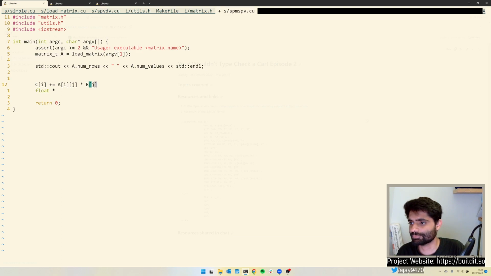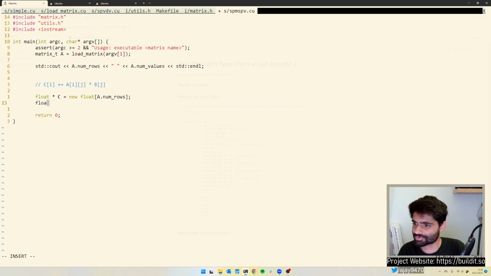Let's say this is the computation we are performing. So now let's allocate C equals new float of A dot num rows. It's a square matrix, and then this needs h underscore.